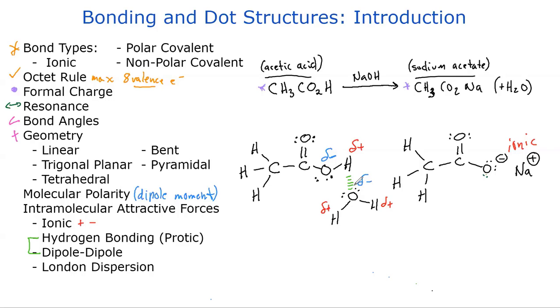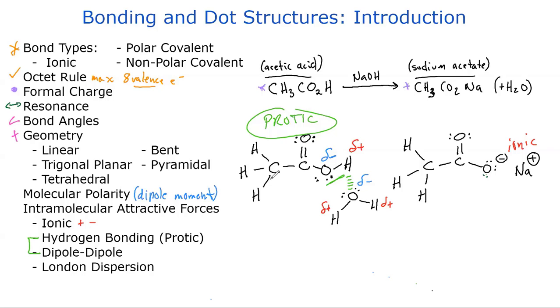This is a non-covalent or intermolecular attraction. It's not actually a bond per se, even though misleadingly we call it hydrogen bonding. Now we're going to say, by the way, that because this molecule is capable of hydrogen bonding, the acetic acid is protic. That means that it has the hydrogen that is involved in hydrogen bonding.